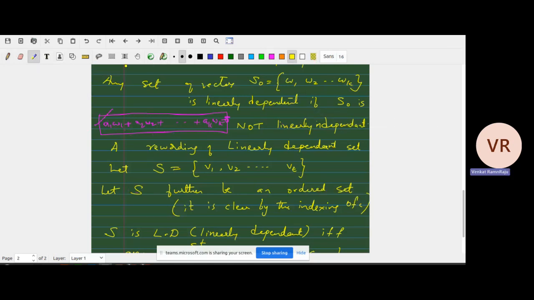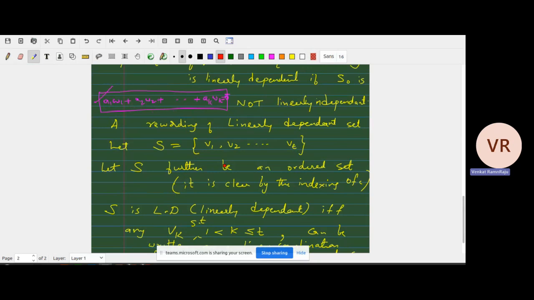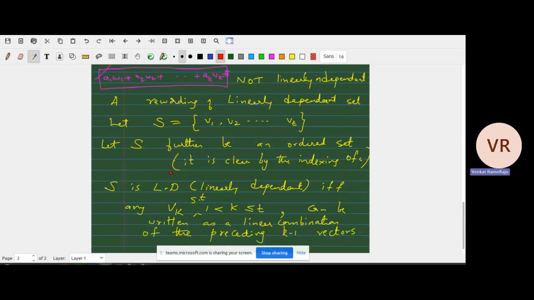Another rewording is the following. Let S be the set {v1, v2, up to vt}. Further, we assume that it is an ordered set, which is clear from the indexing.